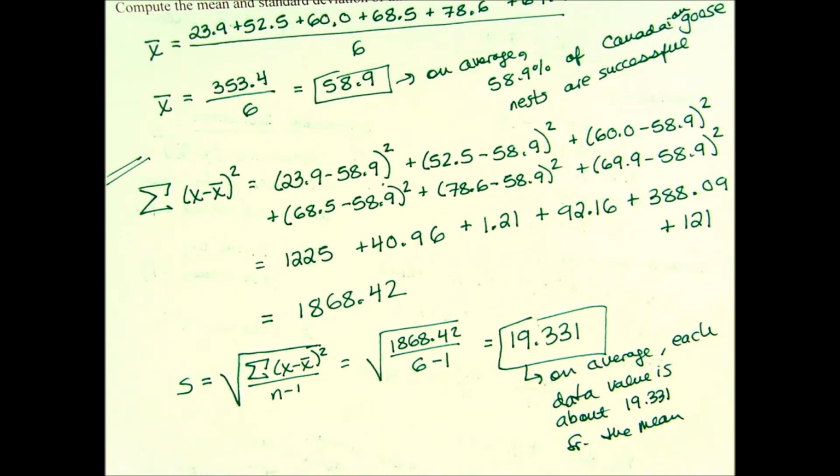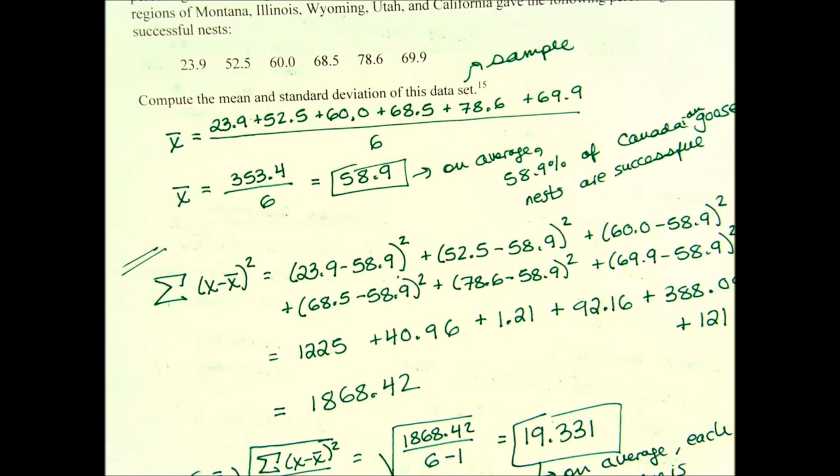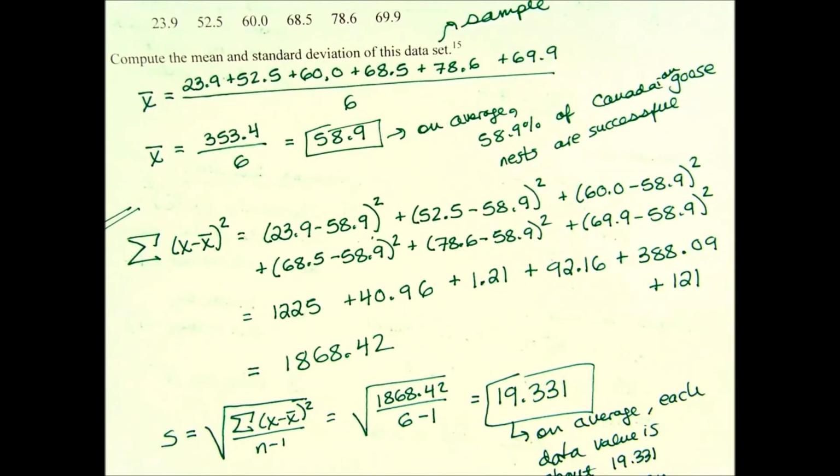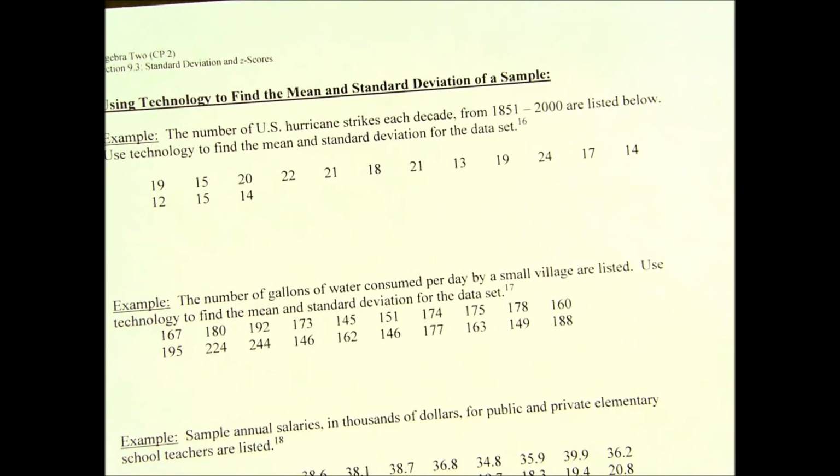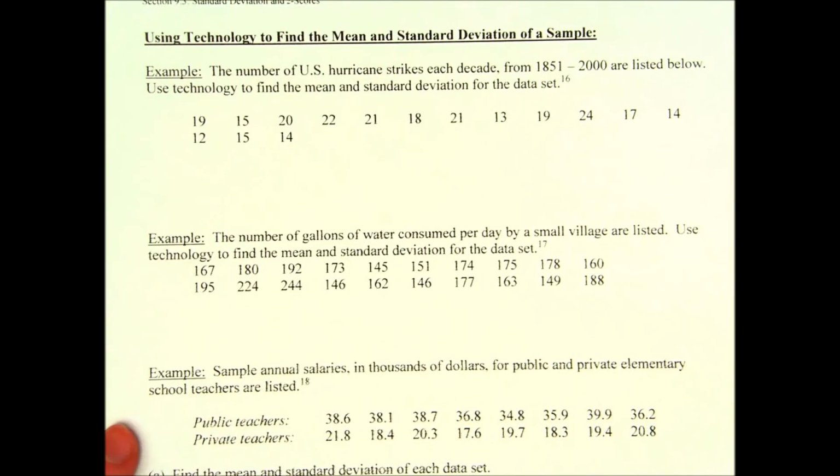In the homework, if the problem says, do the calculations by hand, you're going to do exactly what I did on these last 2 pages. But if the direction says using technology, you're going to use the spreadsheet technology of Google Sheets to do that. Let me show you how to do this. Before I show you, though, please go to page 19 in the notes and read through what it says on the top.